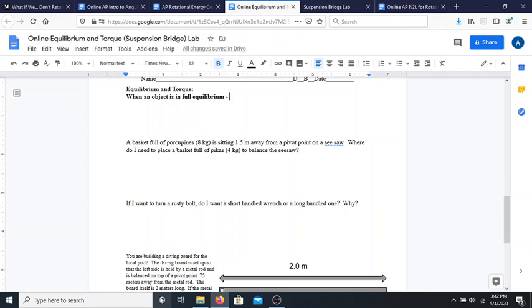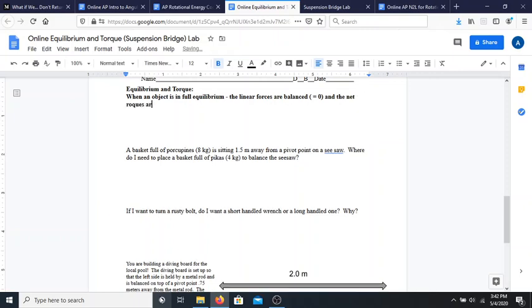So all the torques on the object are also equal to 0. So when an object is in full equilibrium, the linear forces are balanced, equals 0, and the net torques are also equal to 0.